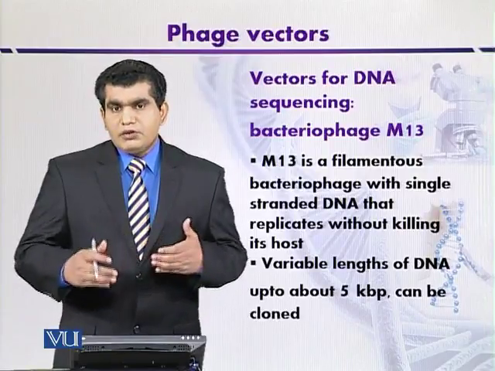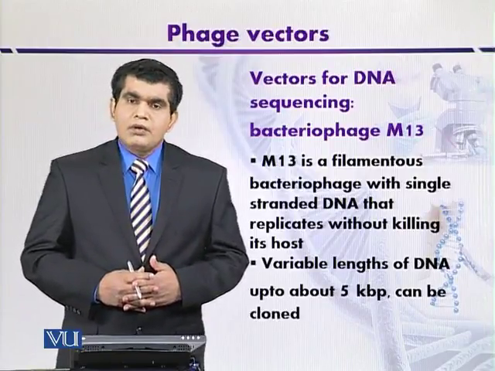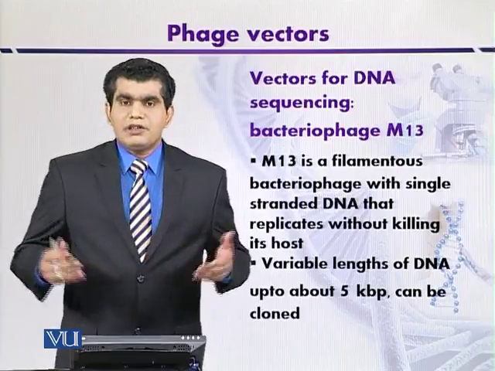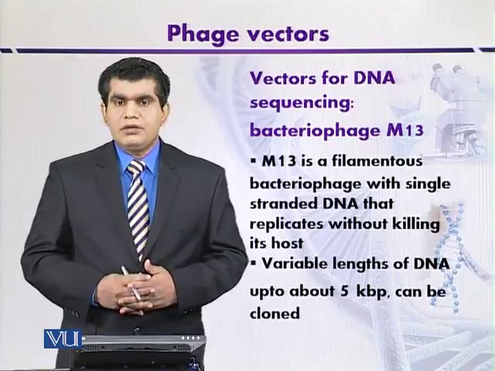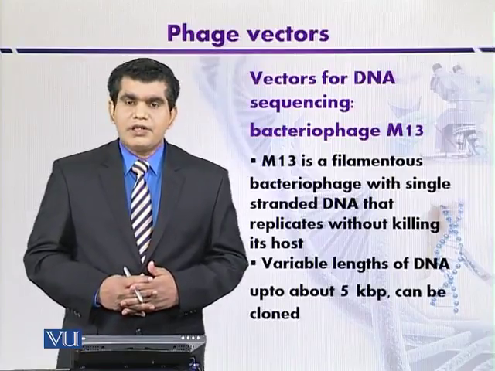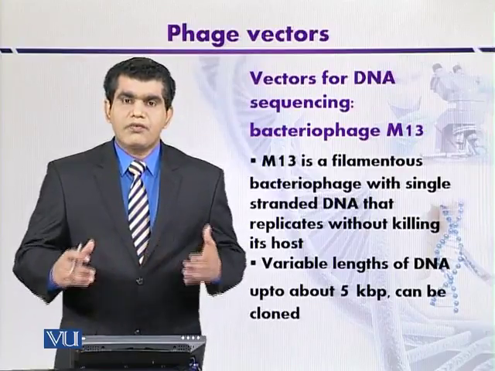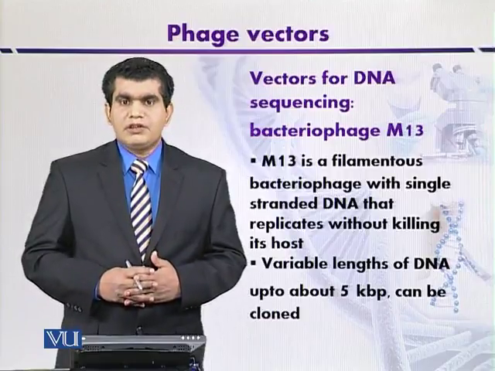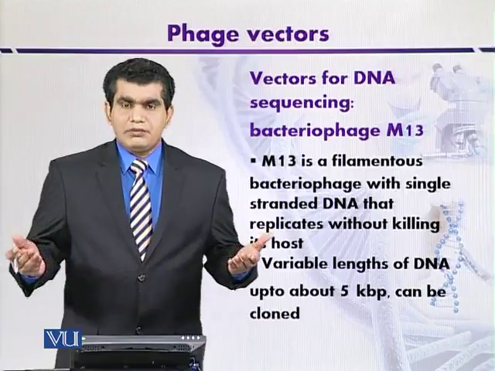But if we want to clone double-stranded DNA into M13 vector, then the M13 single-stranded DNA must first be converted into double-stranded form, which is the double-stranded replicative form.